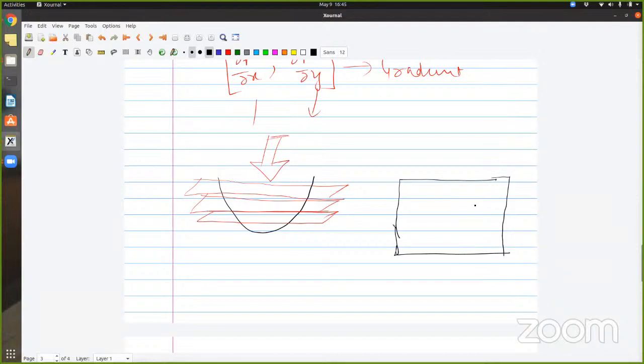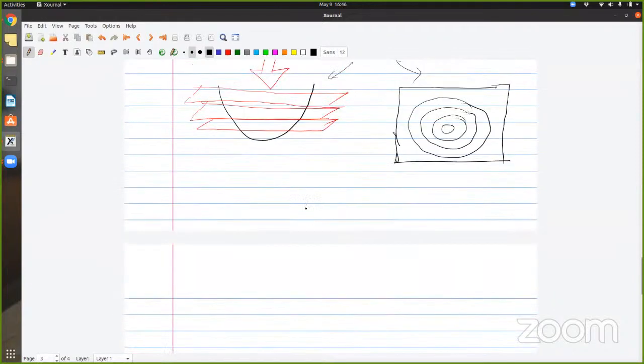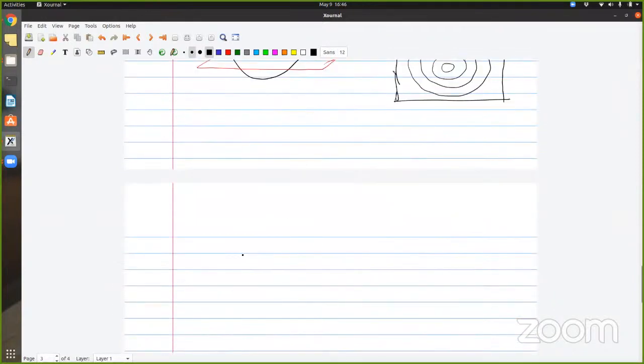This function is like a bowl, so I will see circles, depending on how many discs there are. So this is one representation of 3D information using a contour plot. Now let's say your function is linear.